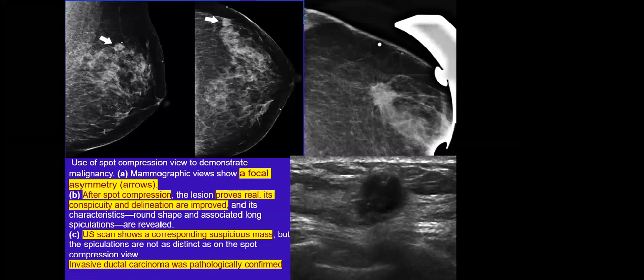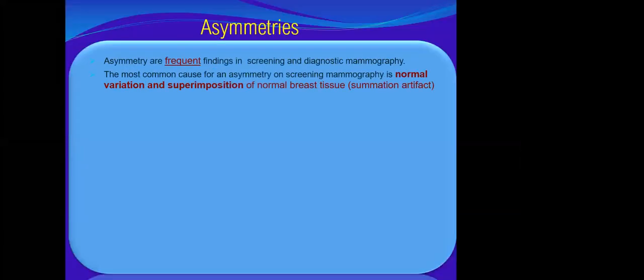Okay, we said that asymmetries are a frequent finding both in screening and diagnostic mammography, and the most common cause of asymmetry on screening mammography is normal variation and superimposition of normal breast tissue, or summation artifact, as well as islands of normal breast tissue.